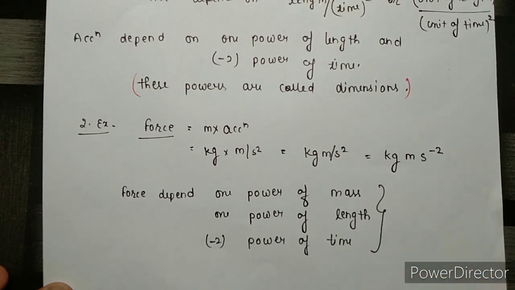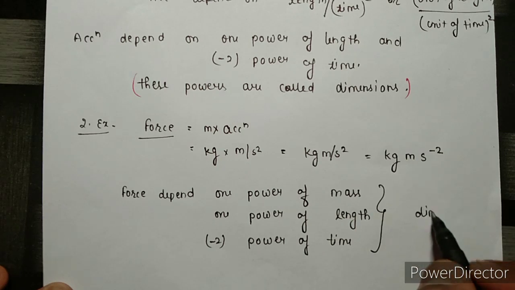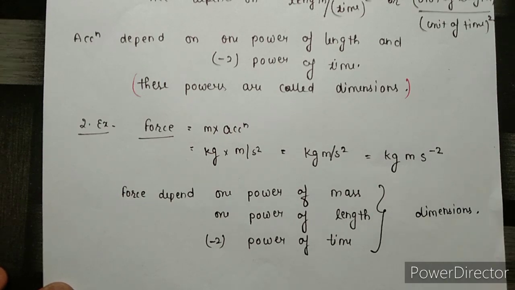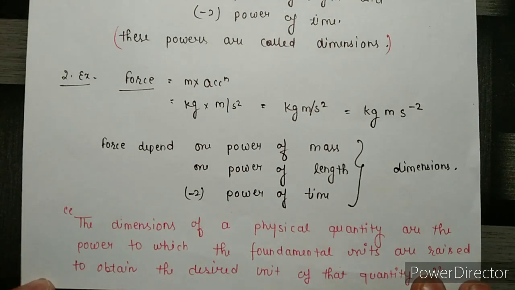So these powers are known as dimensions. The dimensions of a physical quantity are defined as the powers to which the fundamental units are raised to obtain the desired unit of that quantity.